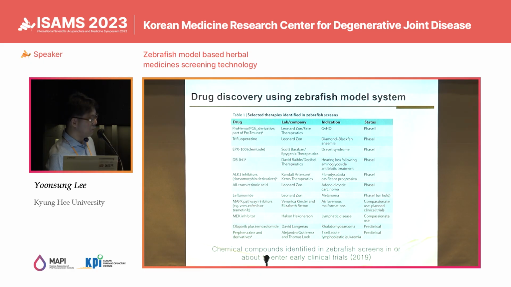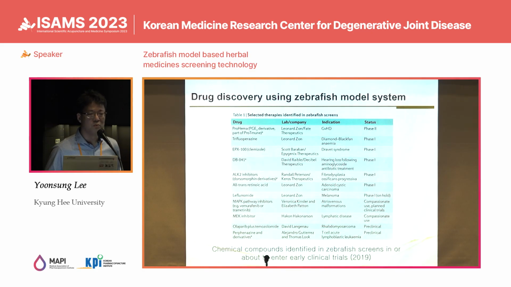This is a single report from already 4 years ago, in 2019, when a United States group from Harvard and Utah University and some other universities found several candidate molecules for distinct types of disease. And some of them have entered early clinical trials. And this report is already 4 years ago.